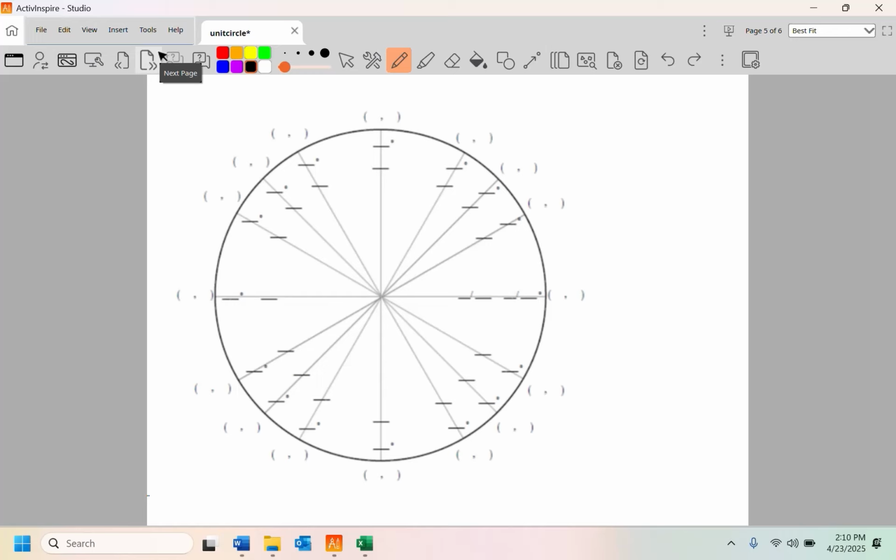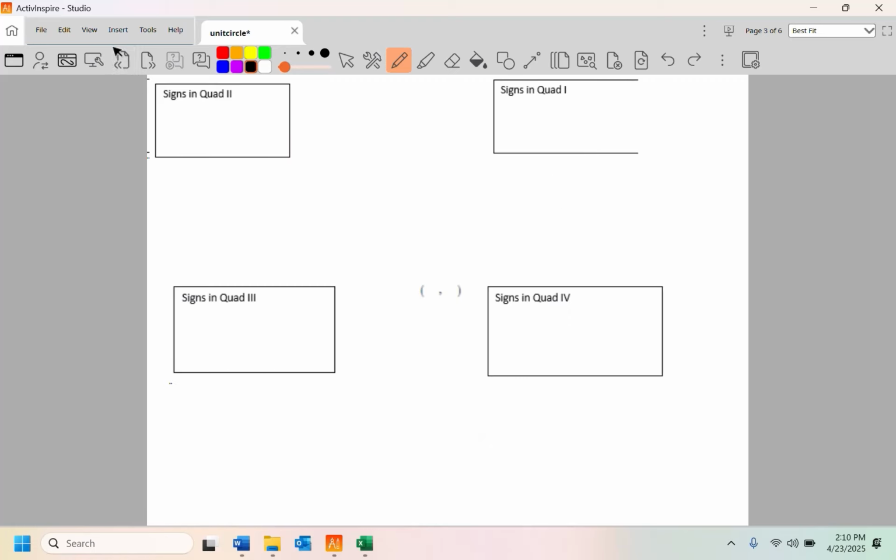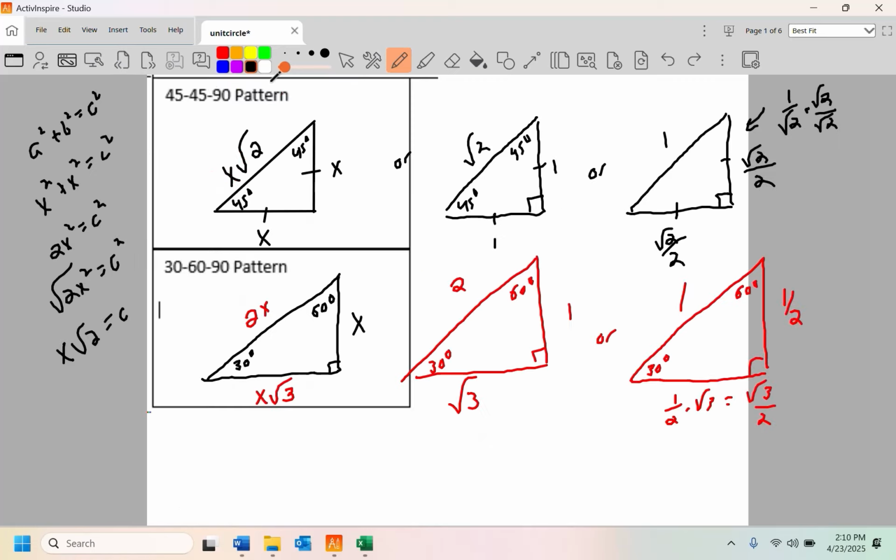So this slice of pie right here is worth 30 degrees, and I am going to imagine the triangle is right here. Because this is a 30-degree slice of pie, I have the 30-60-90 pattern, and I am using this pattern right here, the last one I wrote.